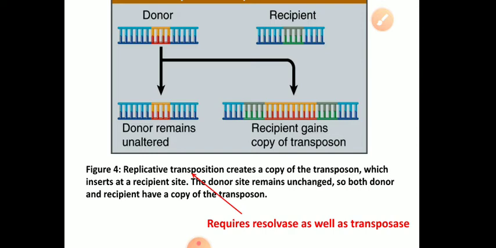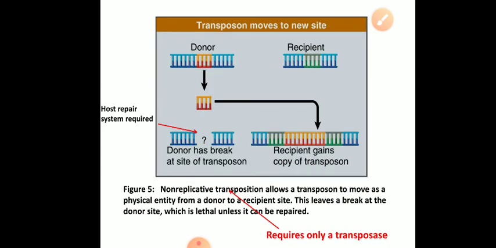Replicative transposition creates a copy of the transposon which is inserted in the target site. The donor site remains unchanged, so both the donor and recipient have a copy of the transposon. This is the replicative mode of transposition.